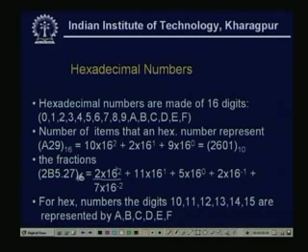Then the place value of B is 1, so it will be 11 into 16 to the power 1, then 5 into 16 to the power 0, and now after the decimal point the place value is minus 1. So, this is 2 into 16 to the power minus 1, and 7 is 7 into 16 to the power minus 2. So, if we do this computation, we will get the number in the decimal number system.